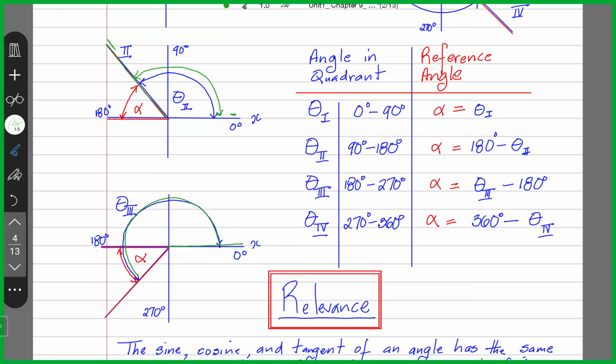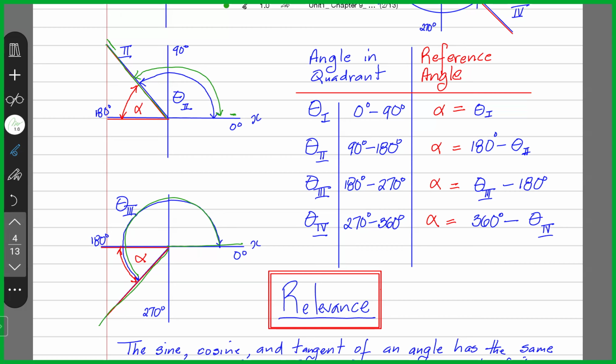So you'll notice that this is the terminating side of the angle in the third quadrant, and the angle formed by the terminating side of the angle and the x-axis is called the reference angle.